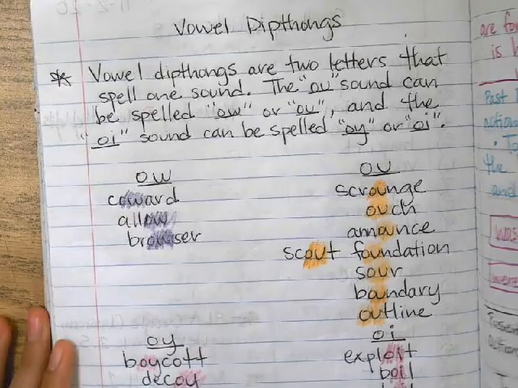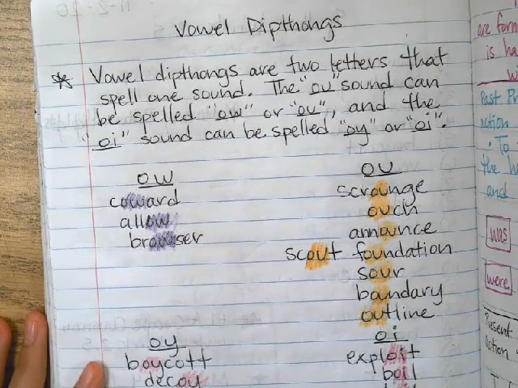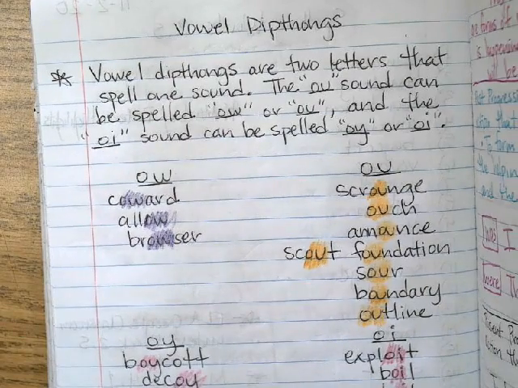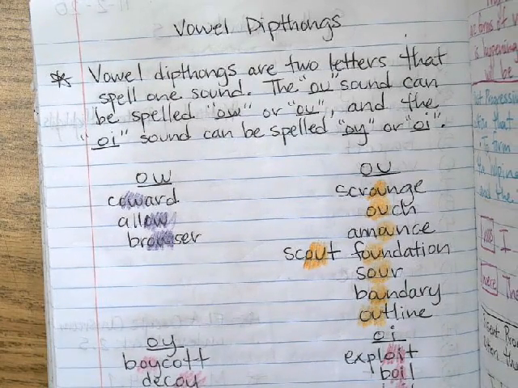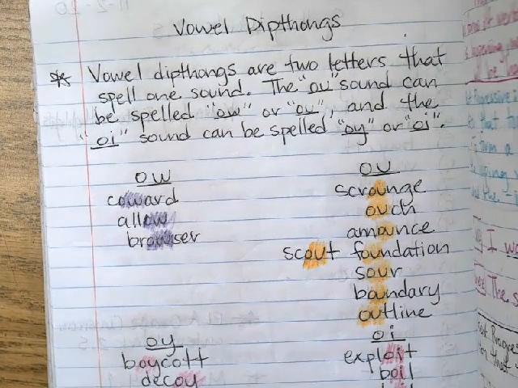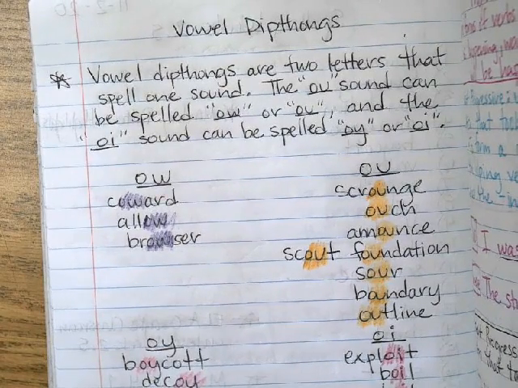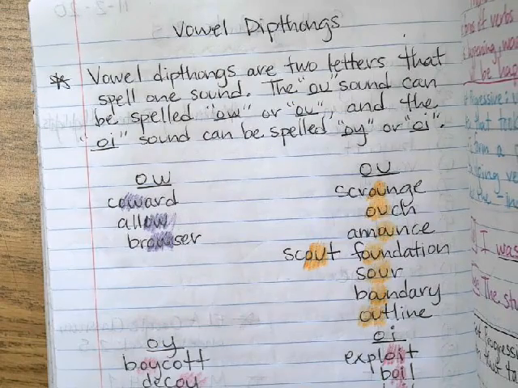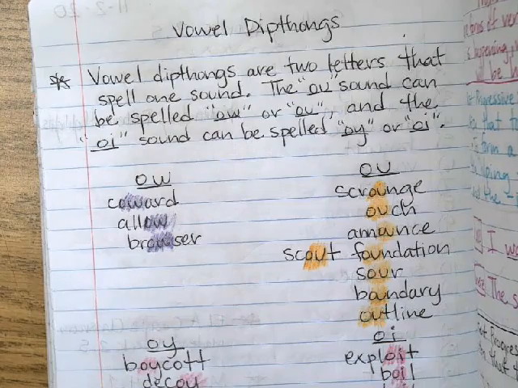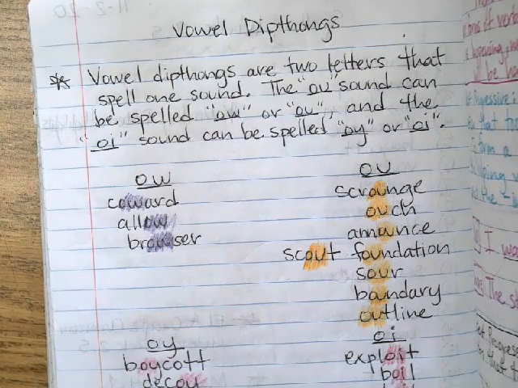So these are some of the things that we did for notes on our spelling words. We have vowel diphthongs. In our spelling words, there are two letters that spell one sound. The OU sound, the OW sound, can be spelled OW or OU, and the OI sound can be spelled OY or OI.